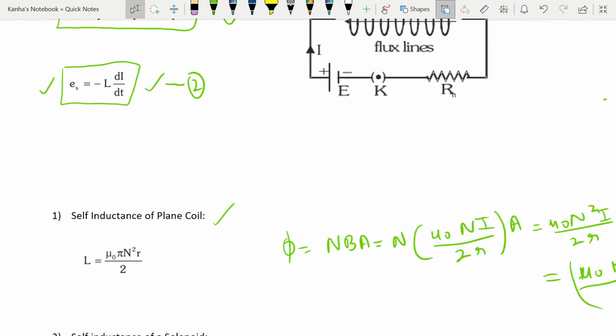So you should definitely make a note of the self-inductance of a plane coil.